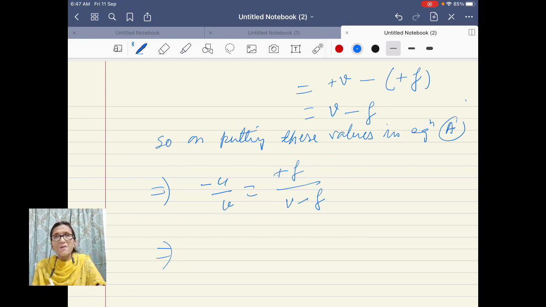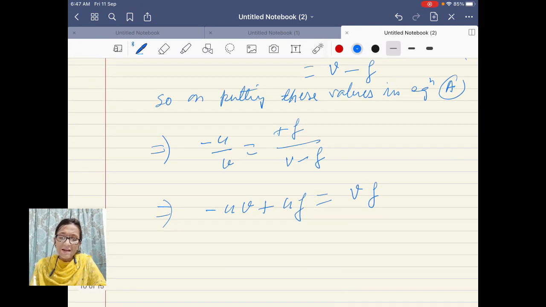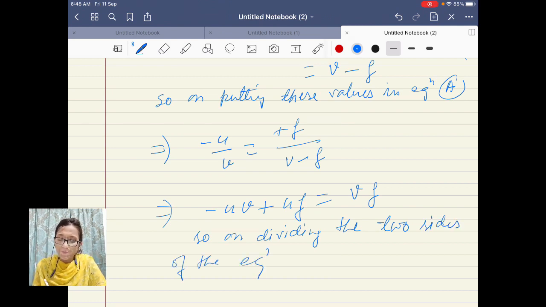Now we will simplify it by cross multiplication. Minus UV minus minus plus UF is equal to VF. And the last step is to divide the two sides of the equation by UVF.